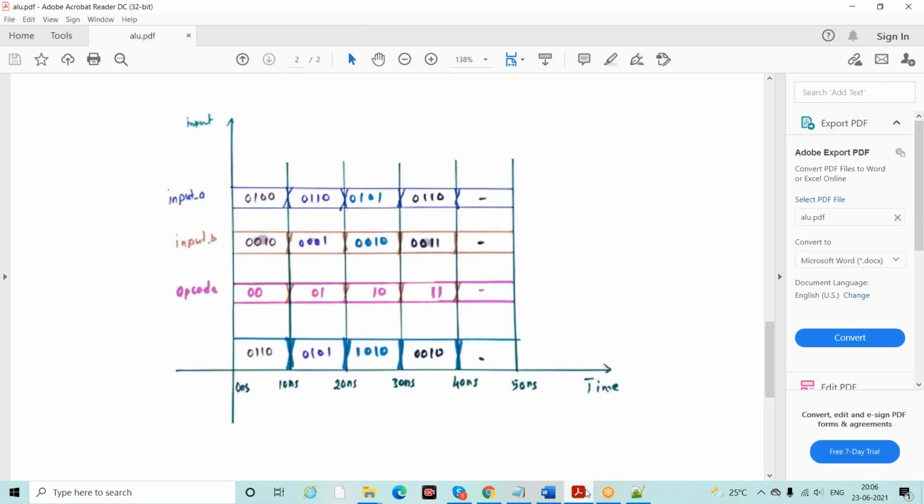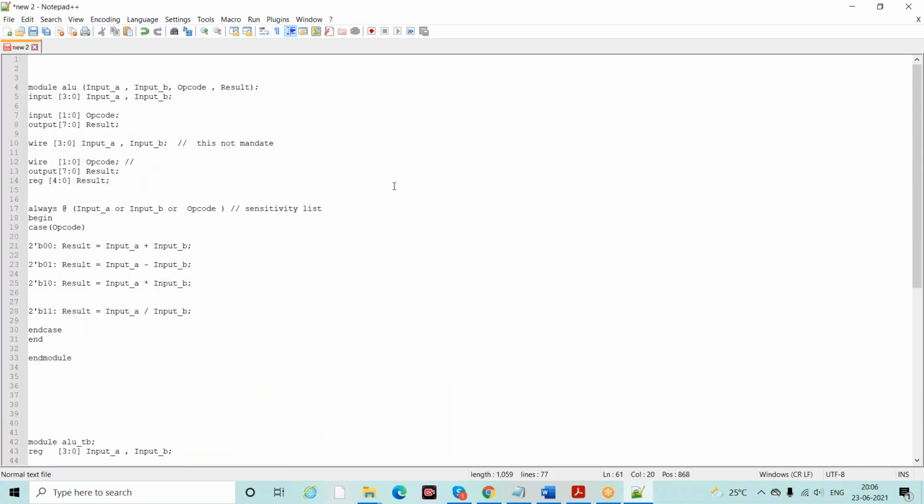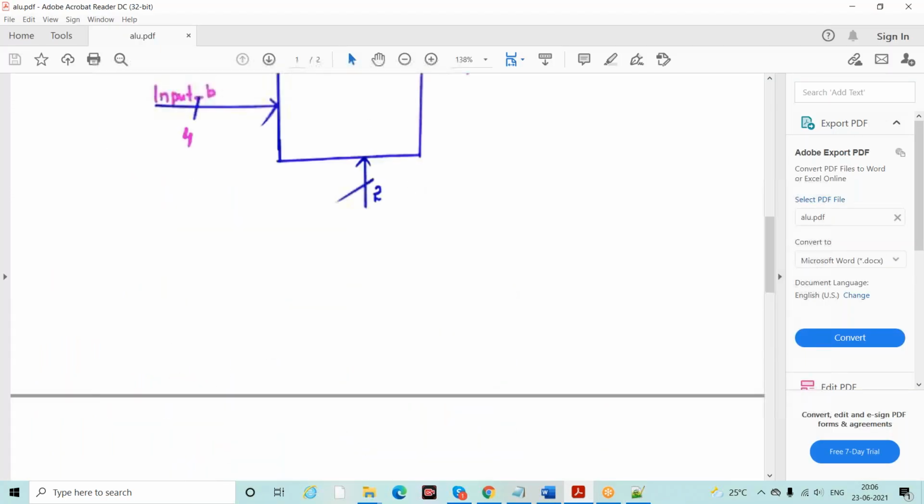Okay, we will come to the coding part here. In case it is 3-bit, sir, how can we develop the 3-bit? If you have a doubt, you can just change it here to 3-bit. Now opcode is 00 to 11.